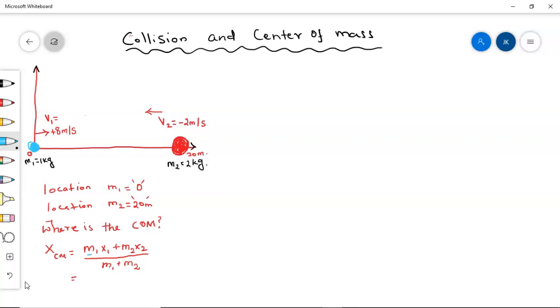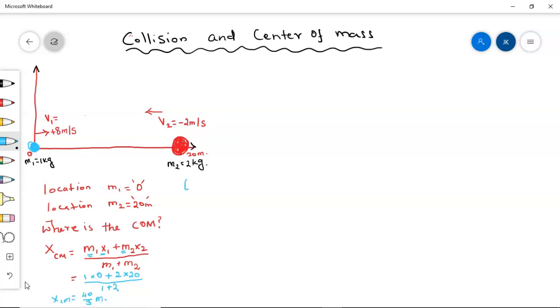The mass of the first object is 1 kilogram and the location x1 is 0, plus the mass of the second object, 2 kilograms, and its location is 20 meters away from the origin, divided by the mass of the first object and the mass of the second object. And this will be 40 divided by 3 meters. This is the center of mass before the two objects start moving.